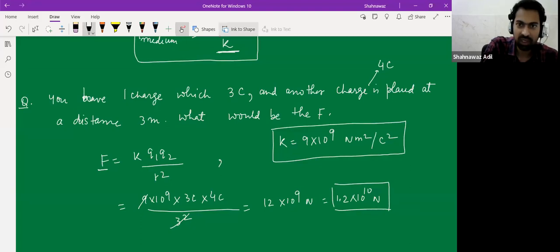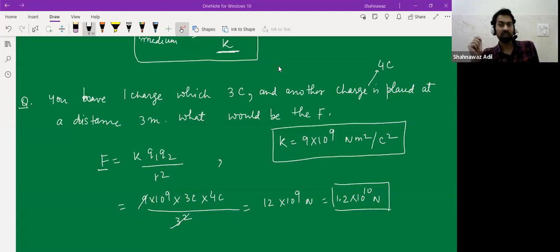Yes, so let us stop here, and from the next class, I will talk about some more questions based on Coulomb's law, and then I will talk about the superposition. Let's say we calculated the force due to one charge, right? One charge was placed, and we placed one charge nearest to that, and then we calculated the force.